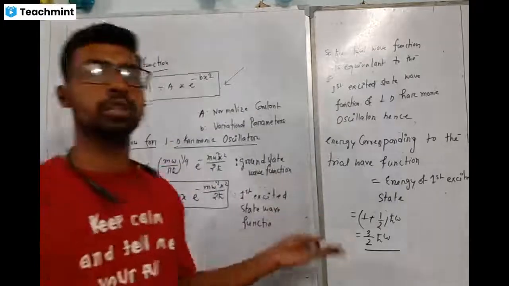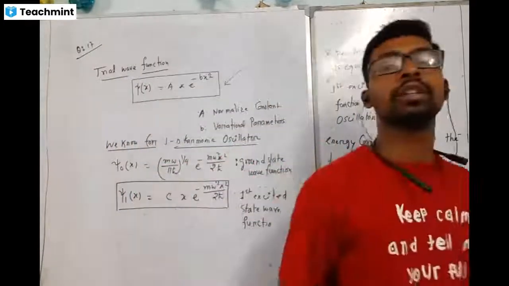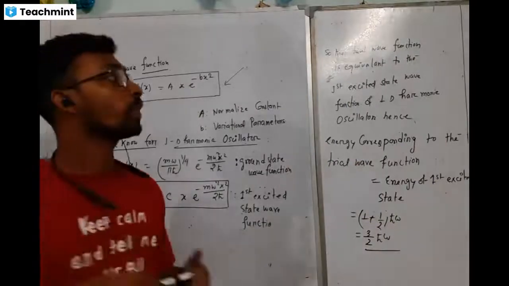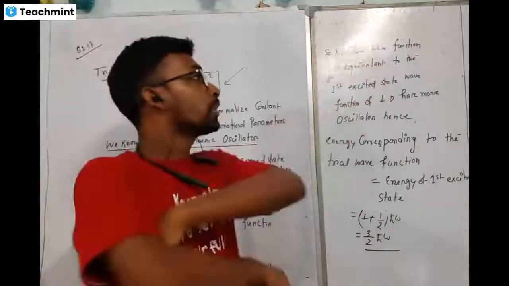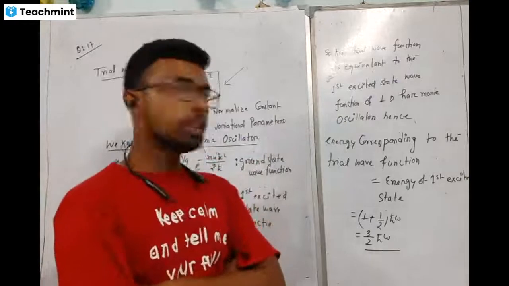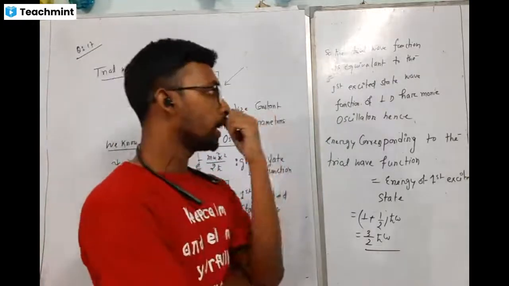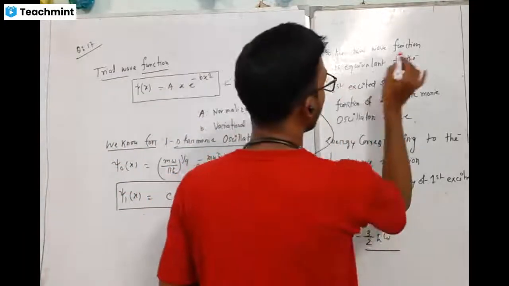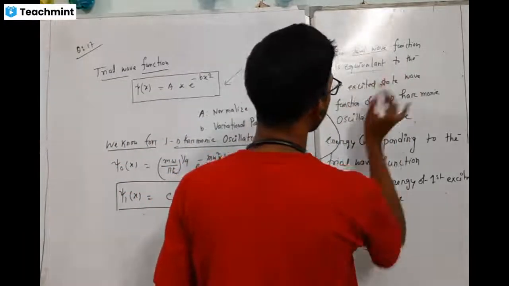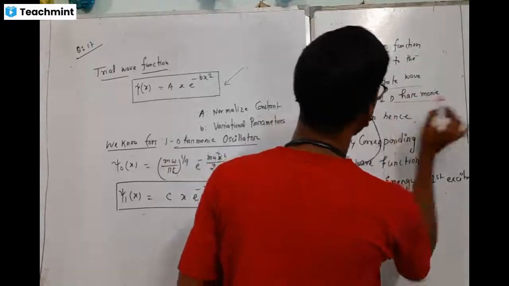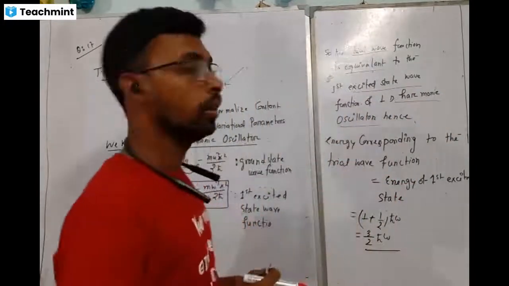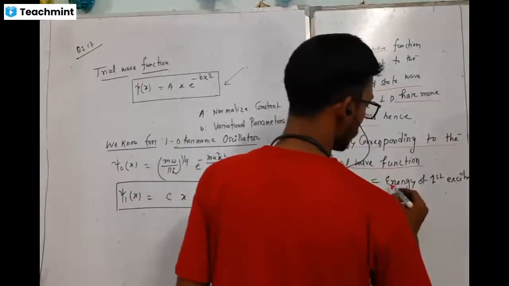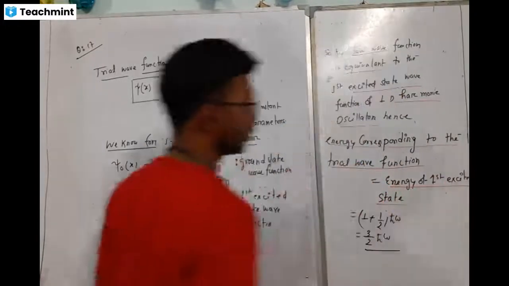इस क्वेश्चन के लिए ऑप्शन C इज करेक्ट. सो नोट करिए अच्छे से. As the trial wave function is equal to the first excited state wave function of the 1D harmonic oscillator, the energy corresponding to the trial wave function is equals to the energy of the first excited state.